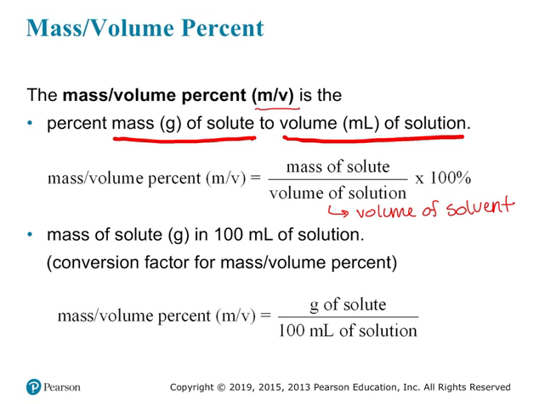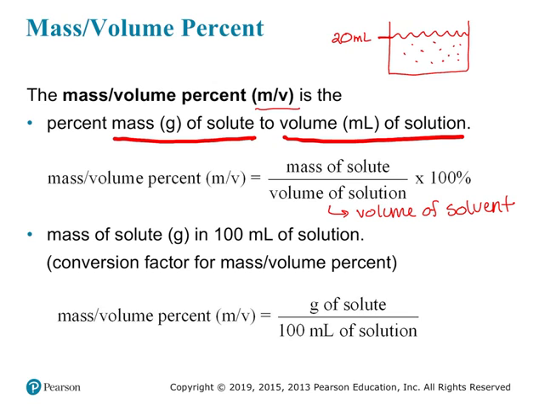So for the denominator, you can kind of ignore the mass of the solute. All right. Now, the reason we can do that is, for instance, let's say we have a beaker of water, and let's say the volume is 20 milliliters. And then let's say we add some salt.